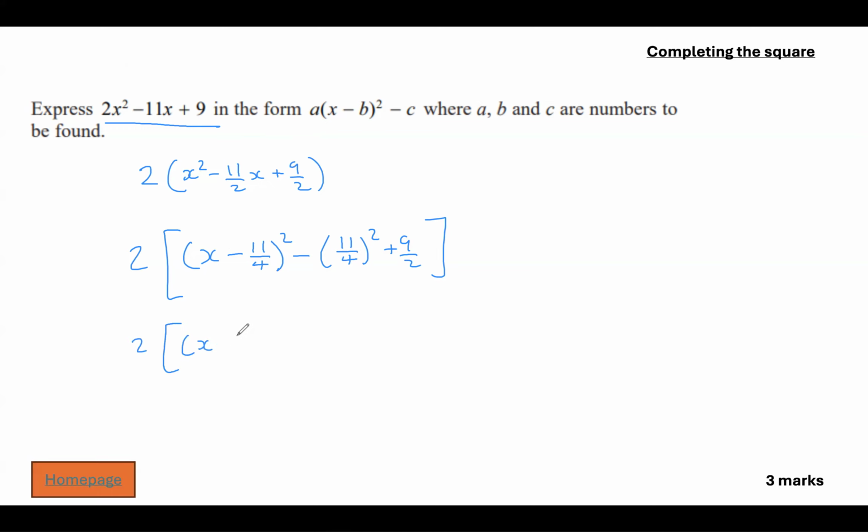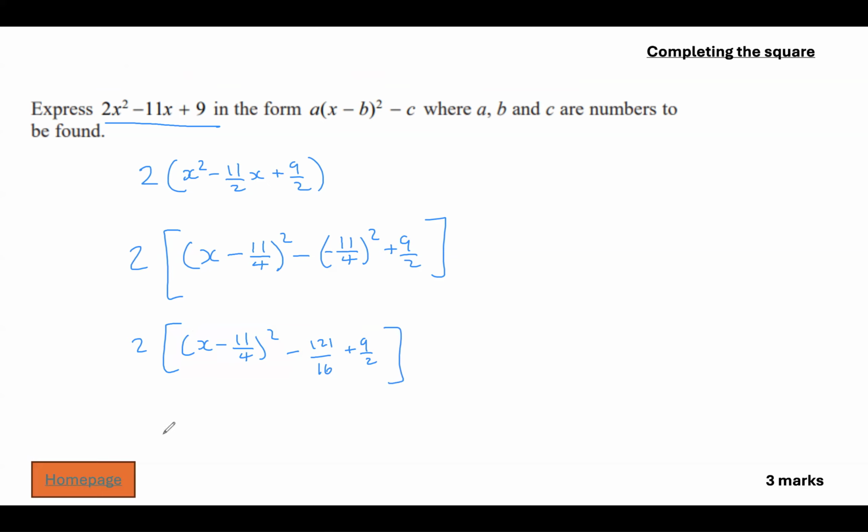So we've got x. Now, what we get is, and remember, the reason why I've written 11 over 4, it should have been minus 11 over 4, but it doesn't matter. If you square it, it will give you a positive answer. But we are going to get minus 11 over 4, so that's going to be 121 over 16 plus 9 over 2.